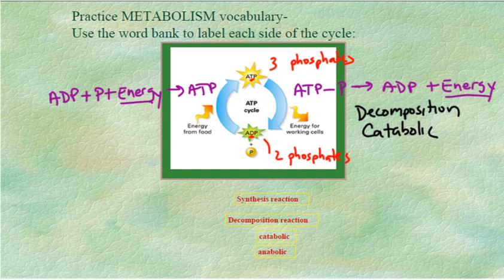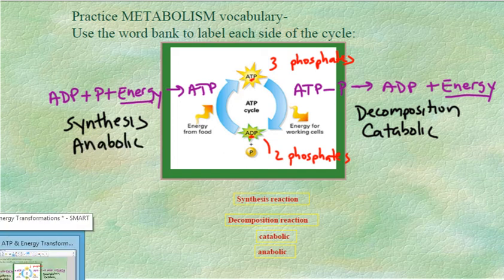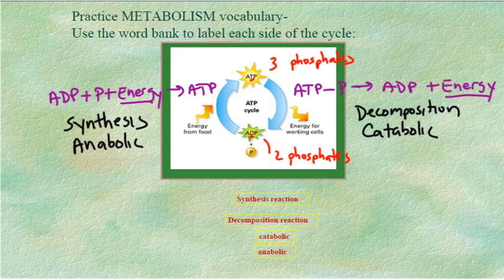Whenever you are building up, that is going to be synthesis. Synthesis means to build. And think about your anabolic steroids. Anabolic means building up. So the words associated: build, break.